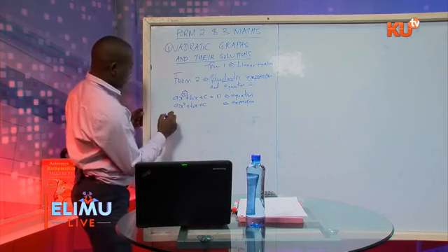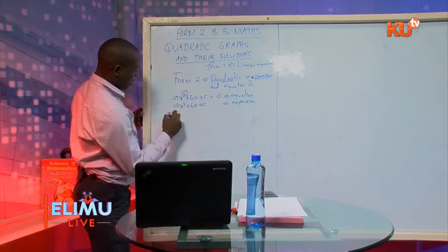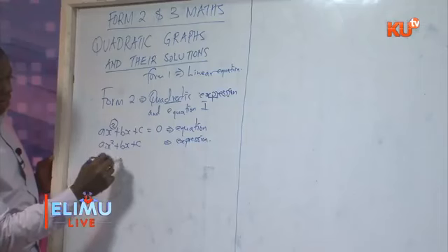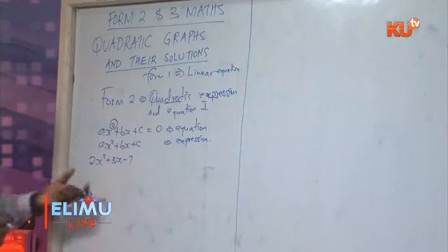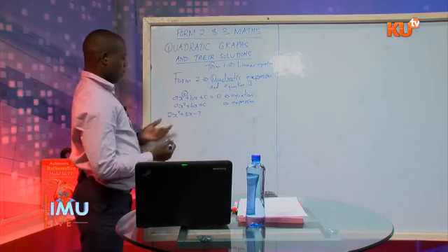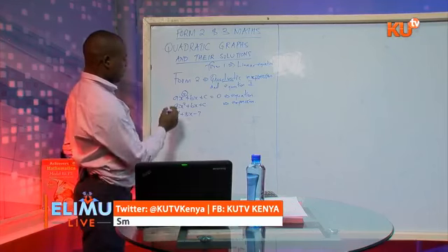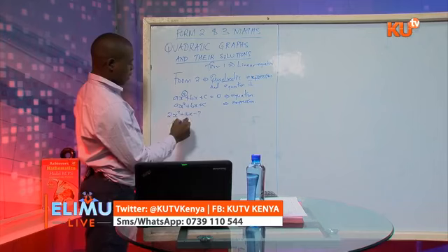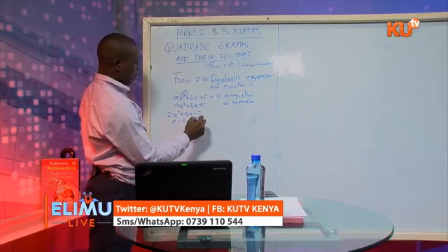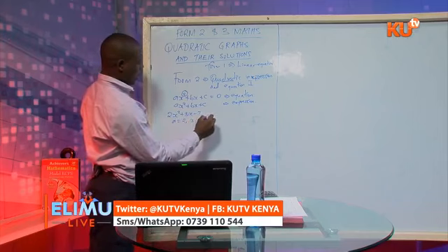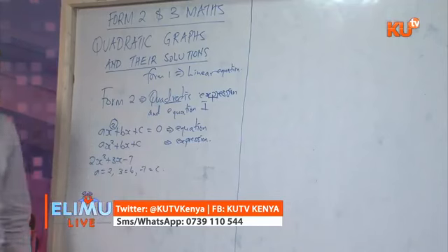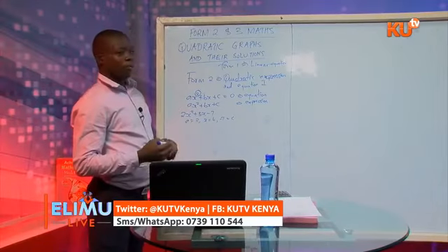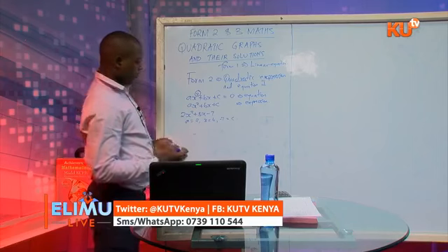For example, we can talk of something to do with 2x squared plus 3x minus 7. This is a quadratic expression, of which 2 represents our A, and 3 represents our B, whilst negative 7 is our C, because A, B, and C should be constants.